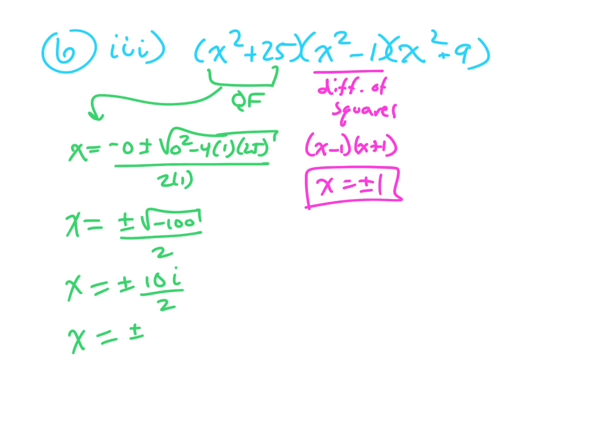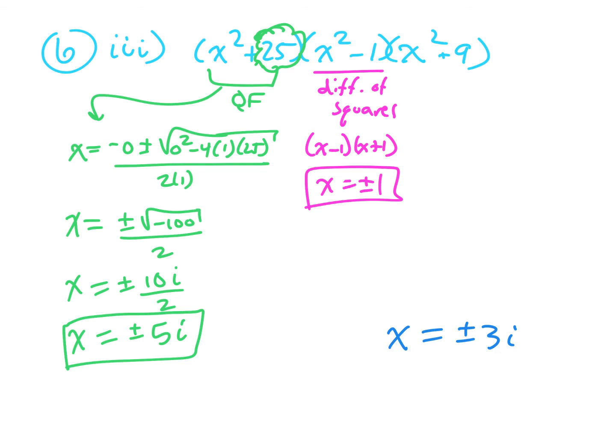So this is plus or minus 5i, which should make some sense, right? I have this 25 here, so that should make some sense that I'm getting 5i for my imaginary. So probably it's true, right? Let's make a little hypothesis. Then this should be plus or minus 3i, right? If I have this plus 9. Just some patterning. But let's prove it because I've been wrong before.